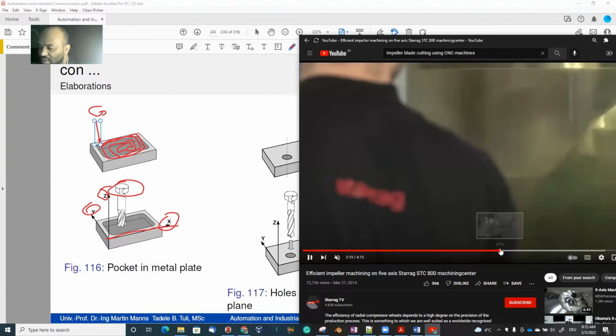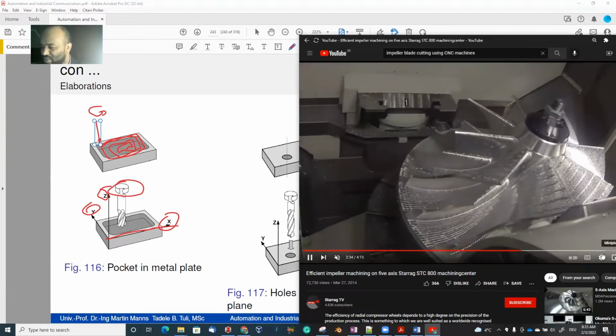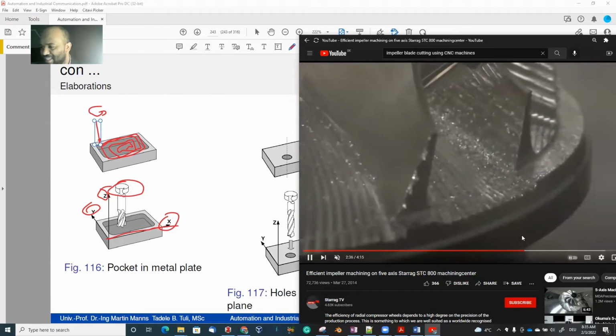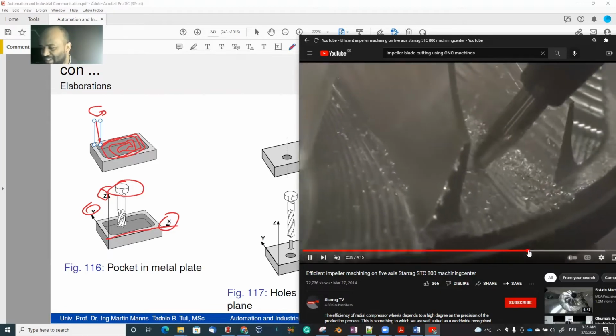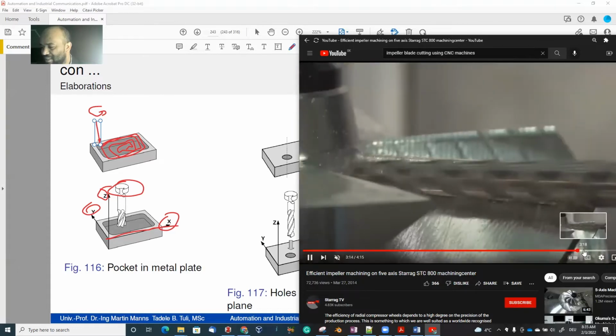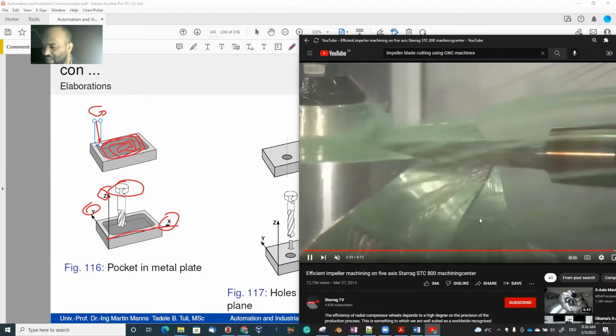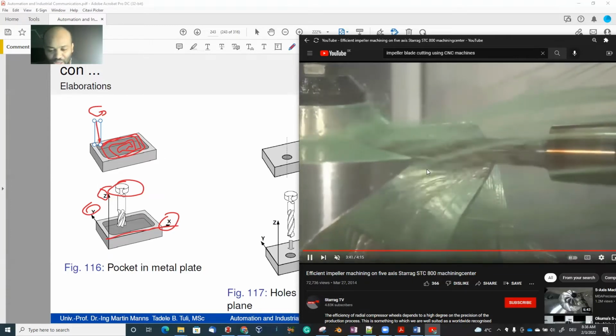So I hope you will see that finally you will have a shape which looks like this. It's really a complex geometry, and it may take a lot of time just to complete. Here it is putting some coolant.